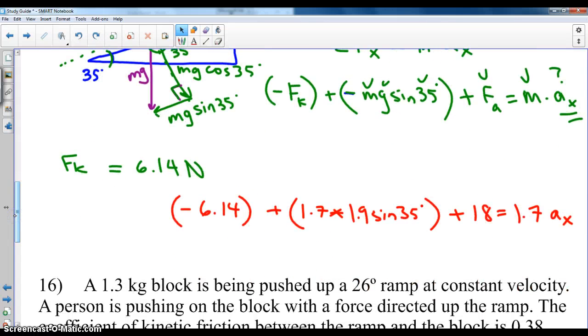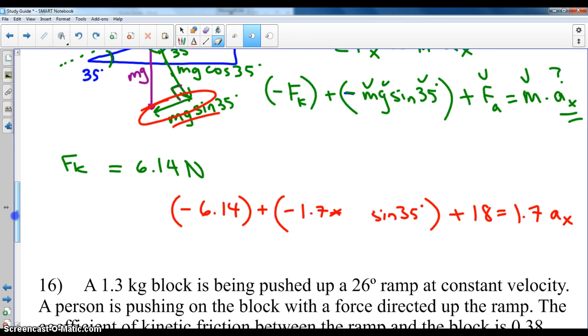So, negative 6.14 plus... Oh my gosh, look at this. This is no good. mg sine theta points to the left. So that's negative. So it's negative 1.7 times 9 point... mg.